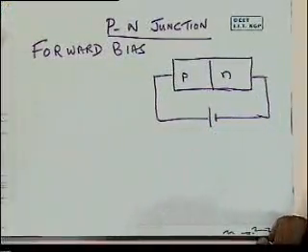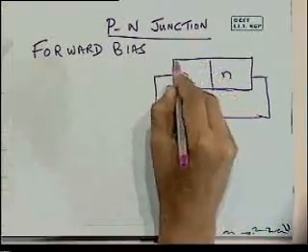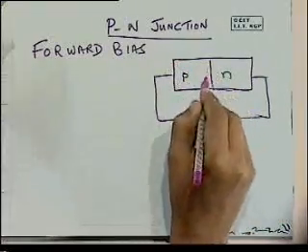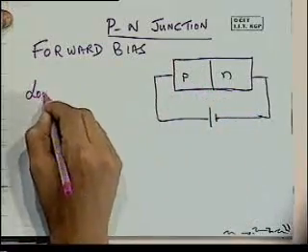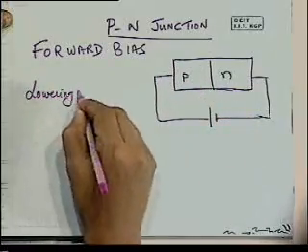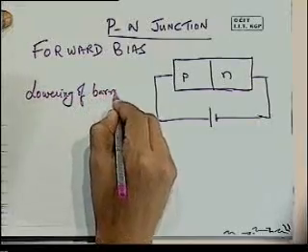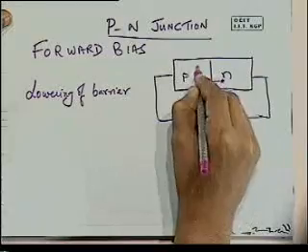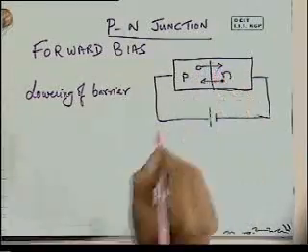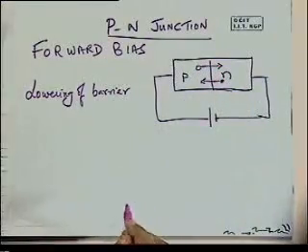Without going into great detail for the lack of time, we know that just as in the case of the Schottky barrier, we are going to have a lowering of the barrier for electron transport from the n side and for hole transport from the p side into the opposite side.